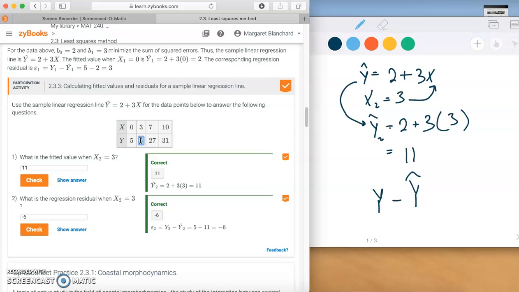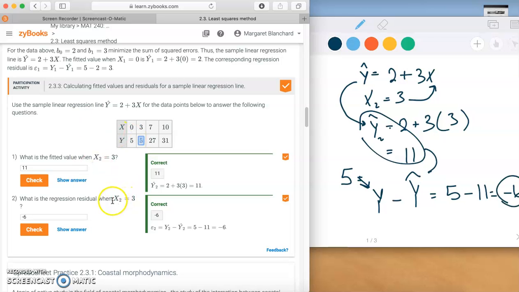In this case, this was our y hat, and our y was equal to 5, right? That was our y. So this equals 5 minus 11, which is equal to negative 6. So our regression residual for when x2 equals 3 is negative 6.